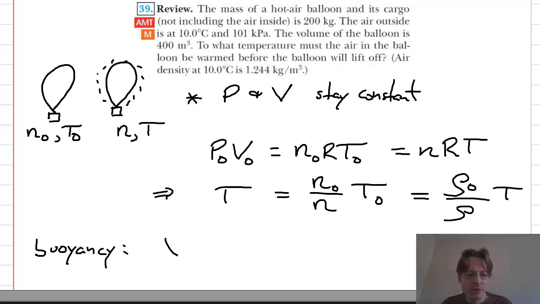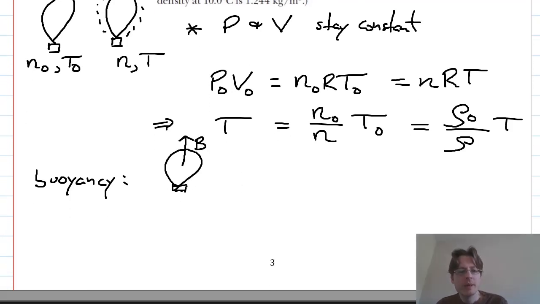And on a hot air balloon, there are three forces that have to be balanced in order for the balloon to float. There's the buoyant force. There is the weight of the air.